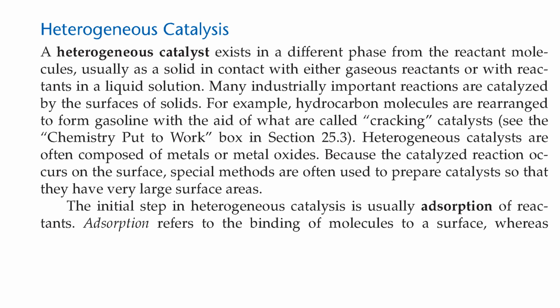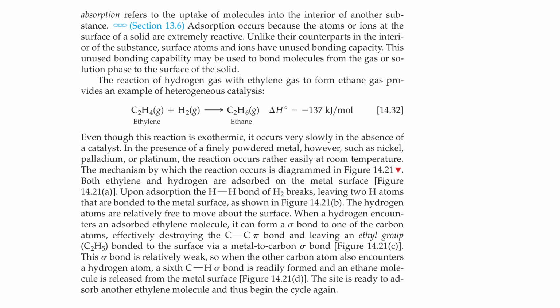Because the catalyzed reaction occurs on the surface, special methods are often used to prepare catalysts so that they have very large surface areas. The initial step in heterogeneous catalysis is usually adsorption of the reactants. Adsorption refers to the binding of molecules to a surface, whereas absorption refers to the uptake of molecules into the interior of another substance.